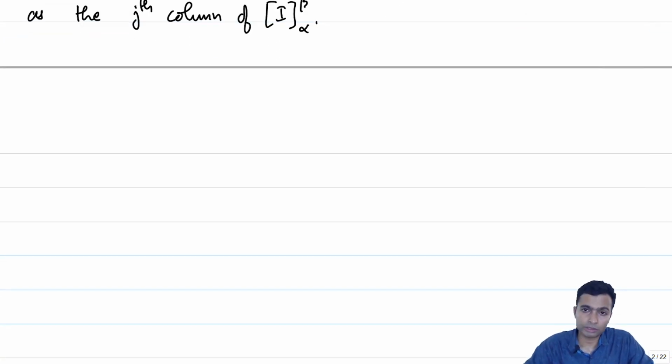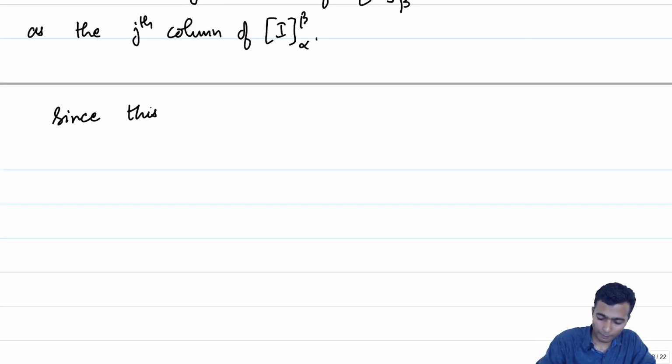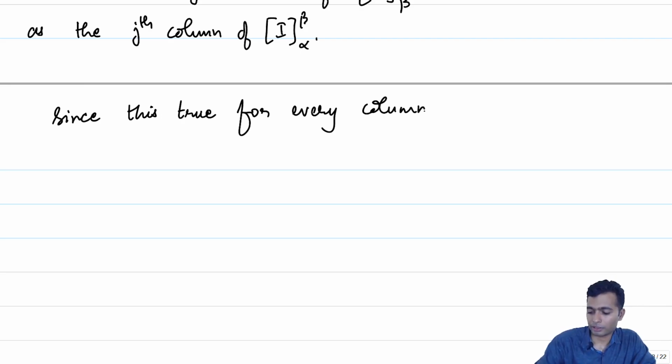Okay, so the column that was picked was arbitrary. Since this is true for every column, we conclude that the matrices are the same.